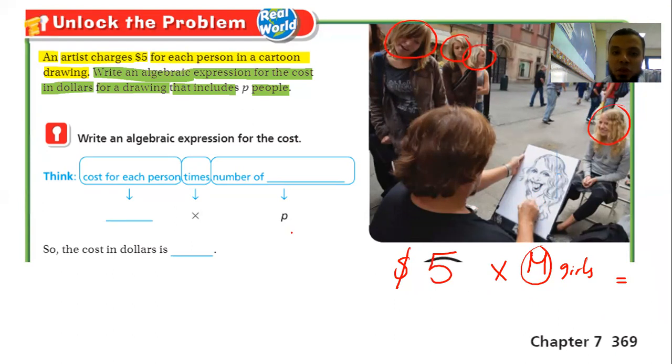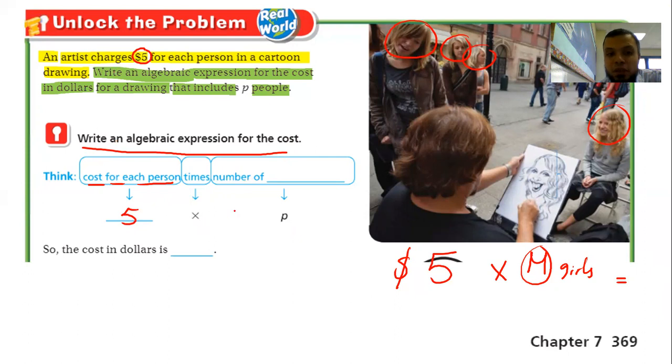So to write an algebraic expression for the cost, you need to write the cost for each person. What is the cost for each person? Yeah, 5. Here, it's 5.